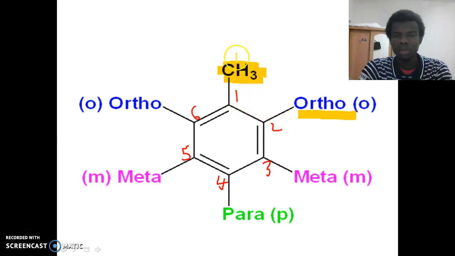So if two substituents have a relationship of 1,2, we call it ortho. And if two substituents are in a 1,3 relationship, we call it meta. If two substituents are in a 1,4 relationship, we call it para. This is a quick summary of ortho, meta, and para.